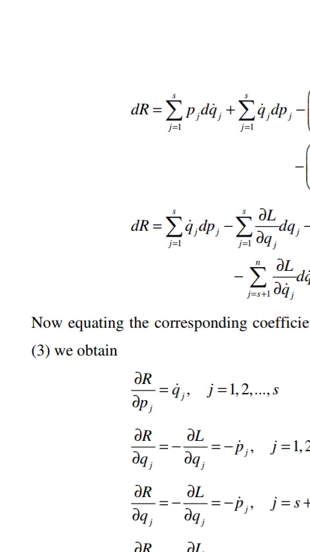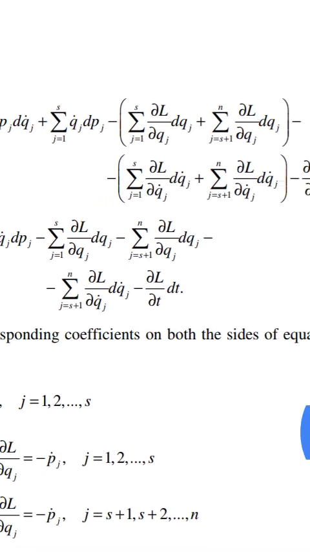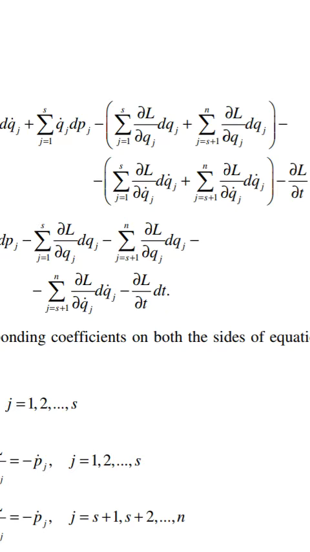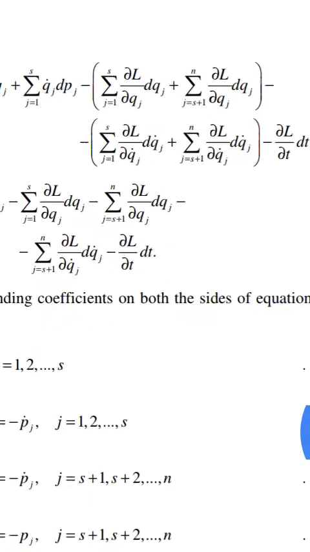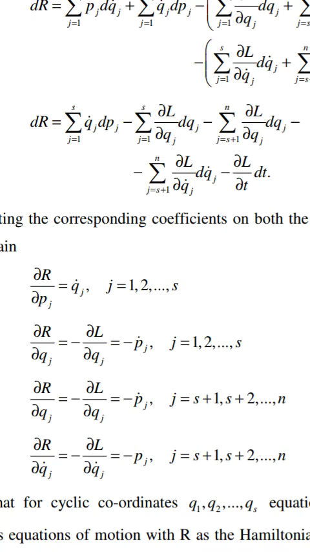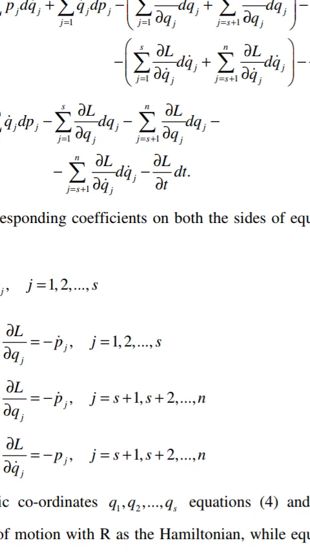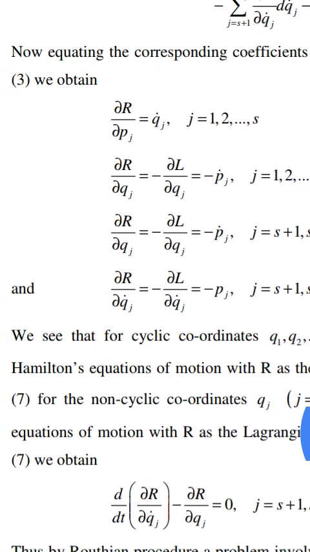Simplifying, dR equal to the summation of qj dot dpj minus dou L by dou qj dqj minus dou L by dou t dt.